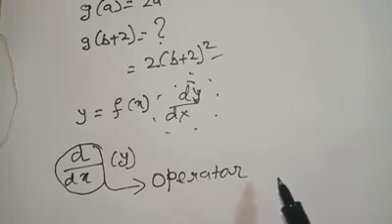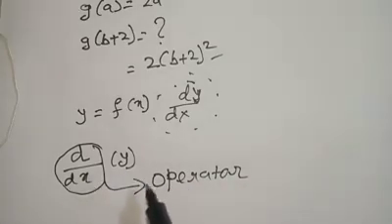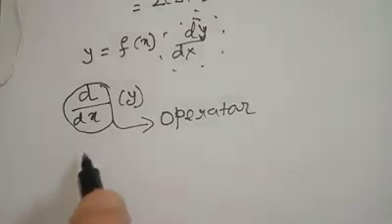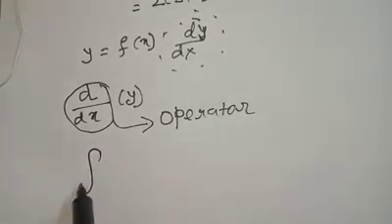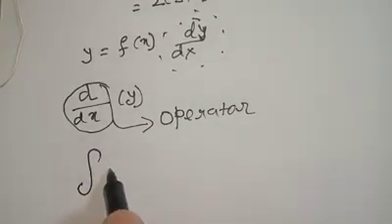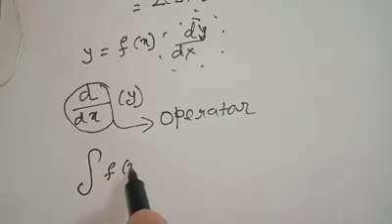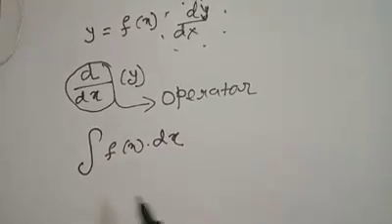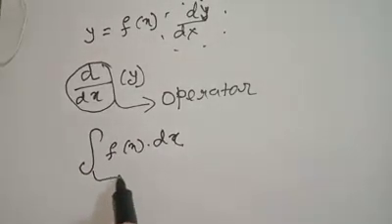This d by dx is basically an operator, and this is what we call the derivative of x. Similarly, in the case of integration, we can use this elongated S sign, and we write it as integral of f(x) dx, right? And we call this part the operator.